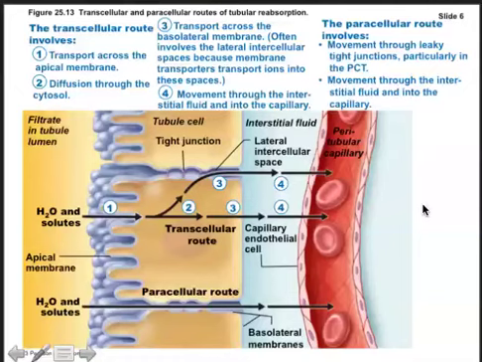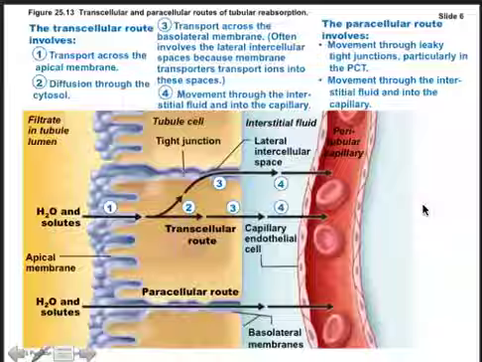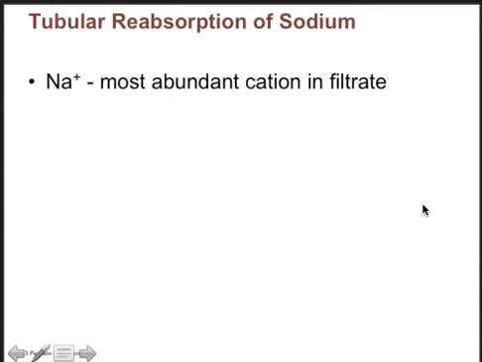So refer in your textbook to this figure when we discuss each of these cellular routes in detail. So as an example, let's take sodium. Okay, this is the most abundant cation in the filtrate. It's a major component of membrane potential. It's also a major driver of water movement, because remember that osmosis dictates that water will follow solutes wherever they go.